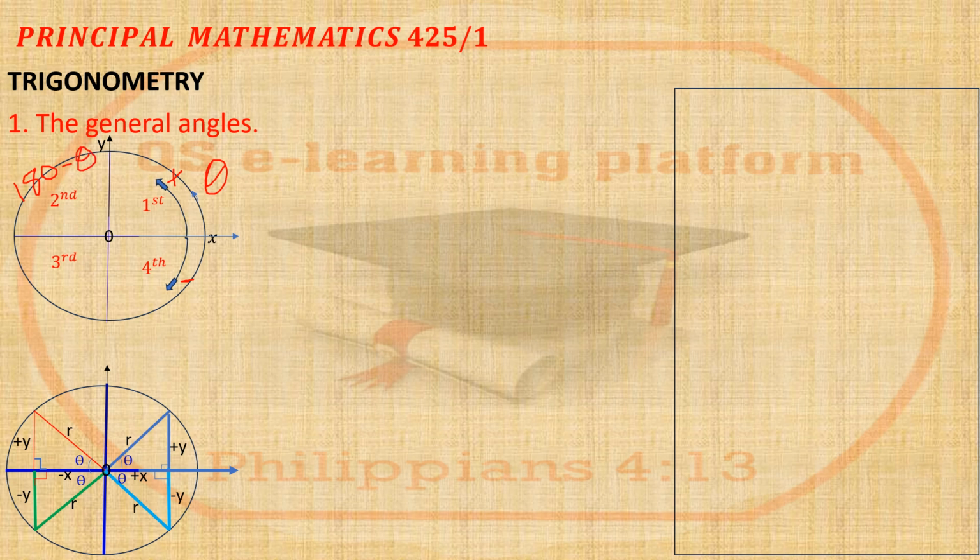In the third quadrant, if I want to get the angle in the third quadrant, I will get 180 plus the angle in the first quadrant. Then in the fourth quadrant, I will have 360 minus the angle in the first quadrant.